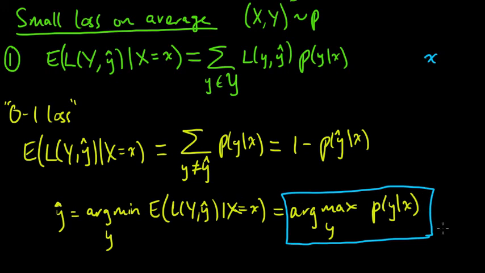That's exactly what minimizing the 0-1 loss tells us to do. So we choose our prediction y hat to maximize this conditional probability. It's like the most likely class. That's what this is, and this is for classification.